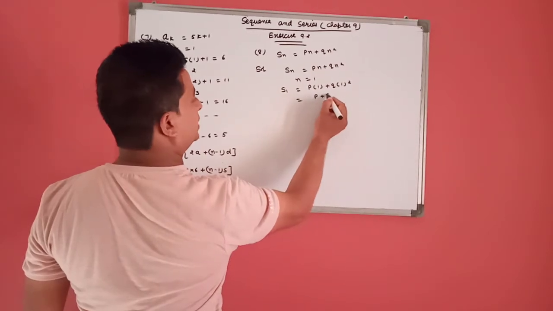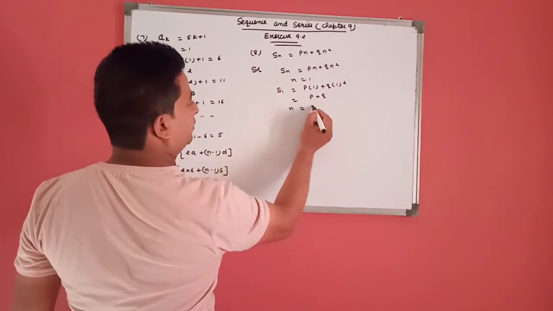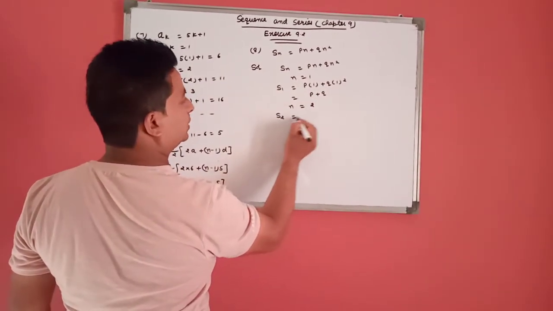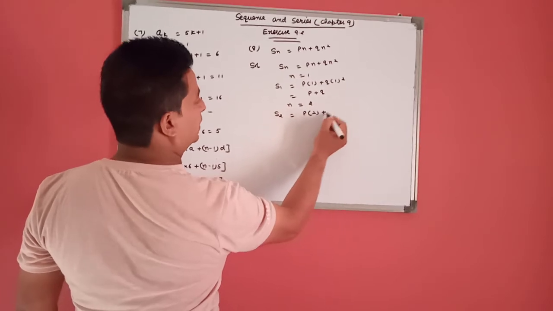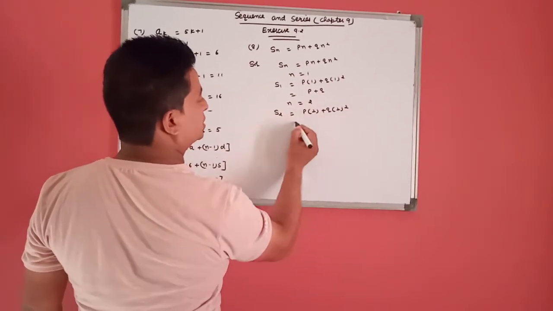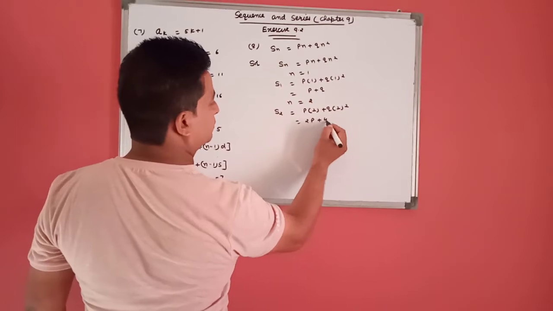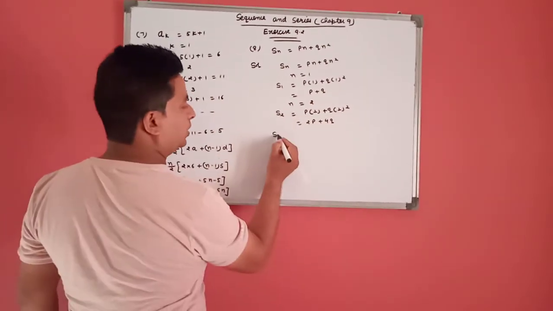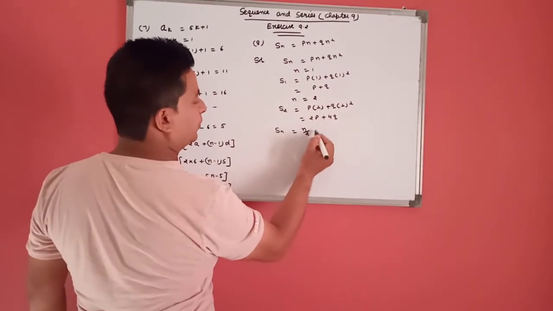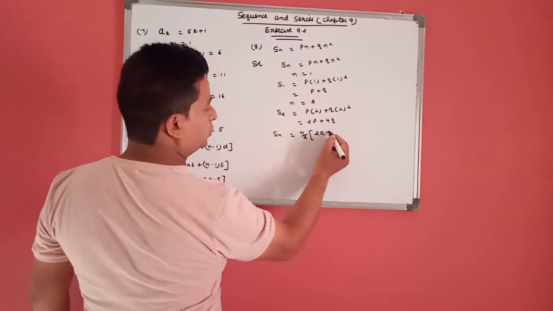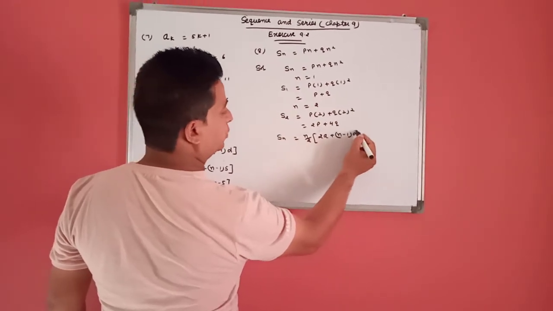This means P plus Q. Then we put n equal to 2, that is the sum of the first two terms, which is 2P plus 4Q, and the formula of Sn is n upon 2, 2a plus (n minus 1) into d.